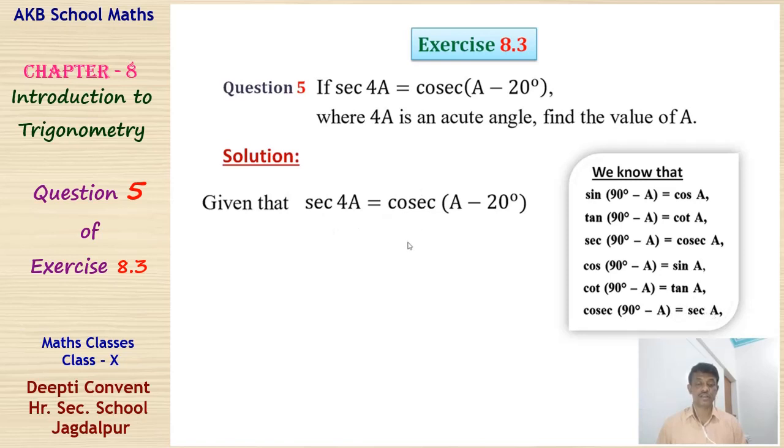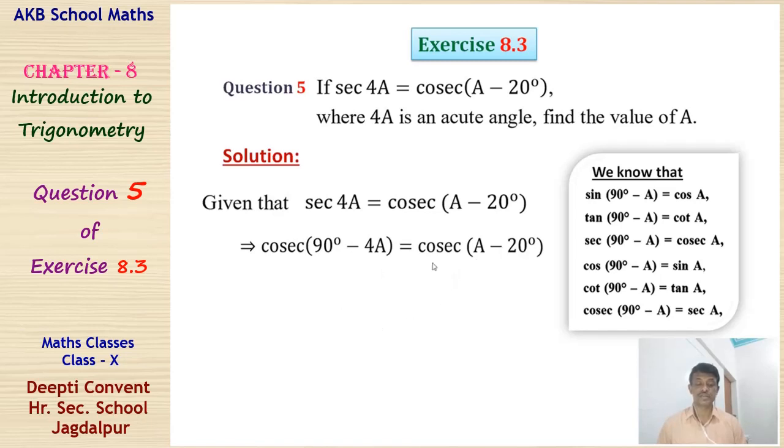Here 4a is an acute angle, so we can write sec 4a equals cosec (90 minus 4a). Now here also cosec.